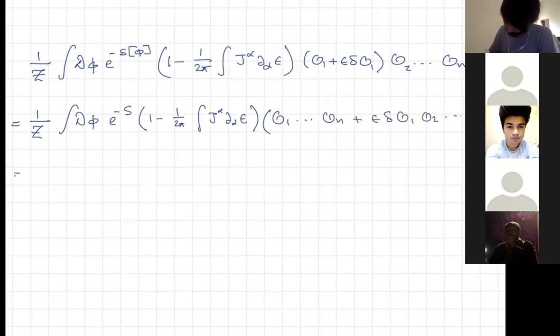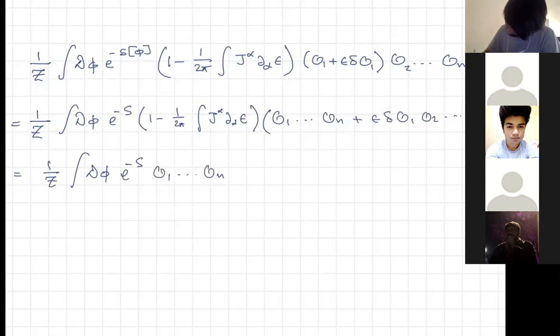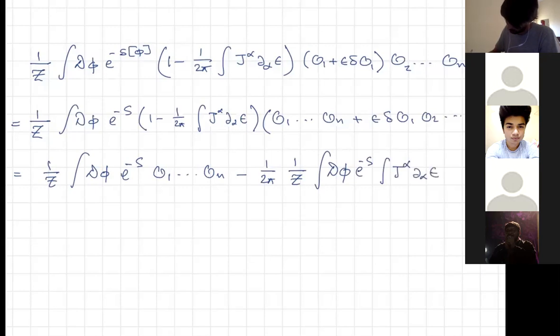So this means 1 over z integral del phi e to the minus s O1 to ON, minus 1 over 2 pi 1 over z integral del phi e to the minus s integral of j alpha del alpha epsilon O1 to ON.